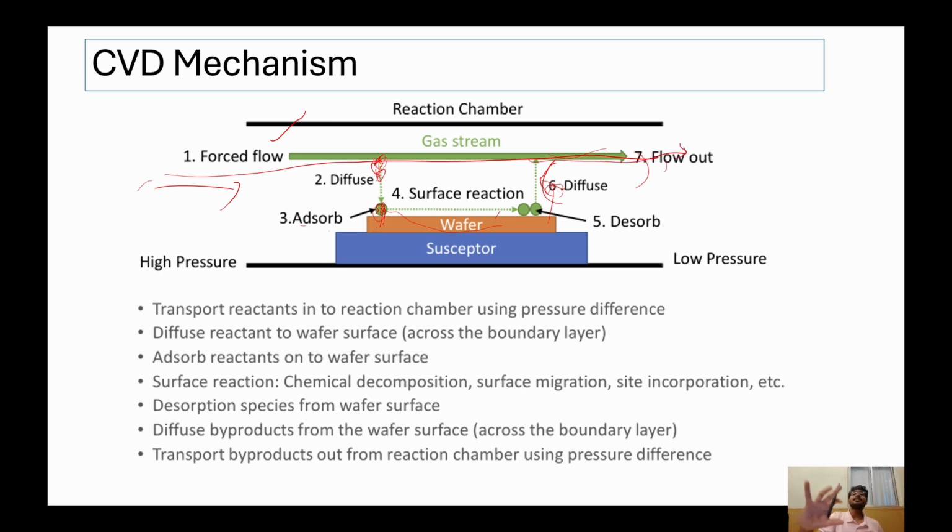So this is the main thing that you need to take care of, and how you can design, how you can make this diffusion higher, this surface reaction higher, adsorption and desorption. How can you control these? You have two parameters, one is pressure, one is temperature. With these parameters you need to play, and you can improve your film quality.